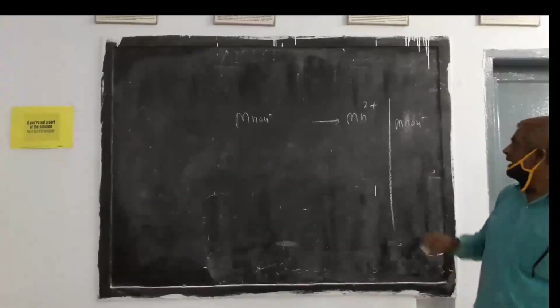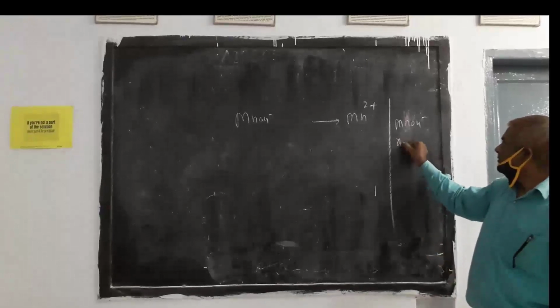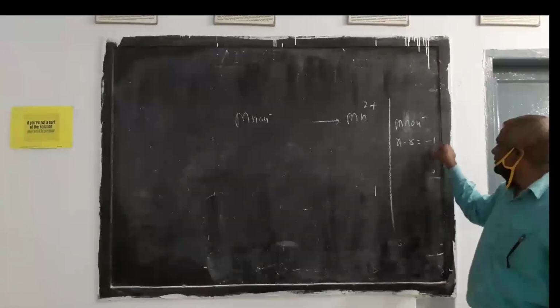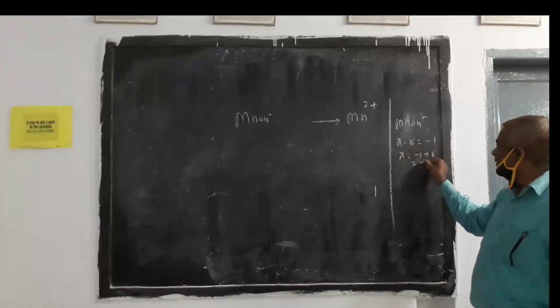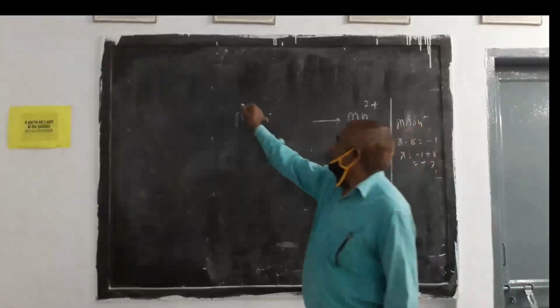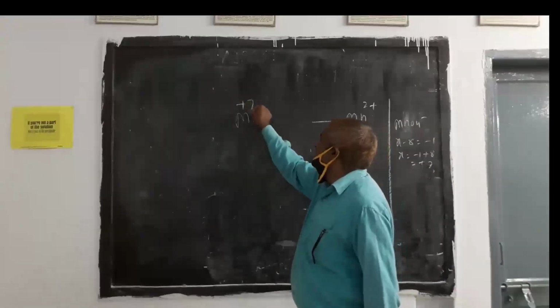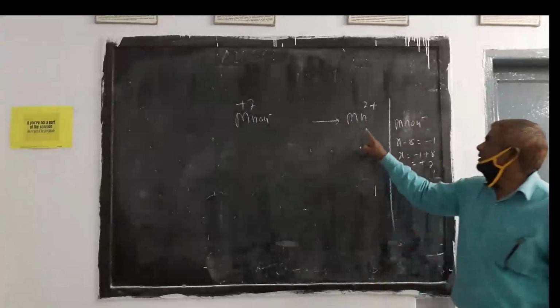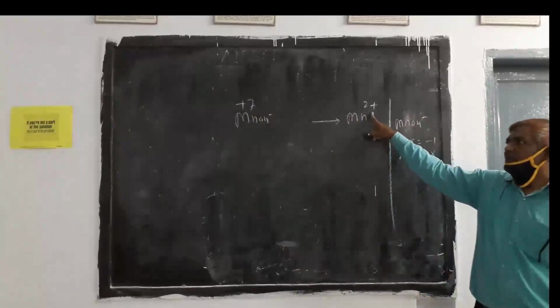Oxidation number of manganese in MnO4 minus: x minus 8 equals minus 1, x equals minus 1 plus 8 equals plus 7. Plus 7. Oxidation number of manganese is plus 2 on the right side.